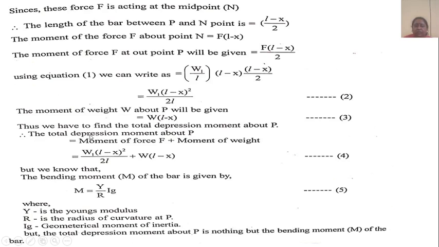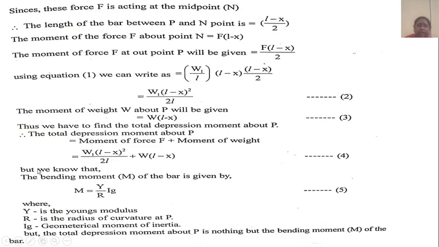Thus, we have to find the total depression moment about P. Therefore, total depression moment about P equal to moment of force plus moment of weight. So, here moment of force equal to W1 into L minus x whole squared upon 2L, plus W into L minus x.